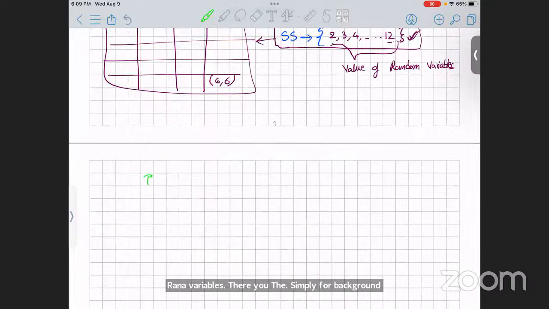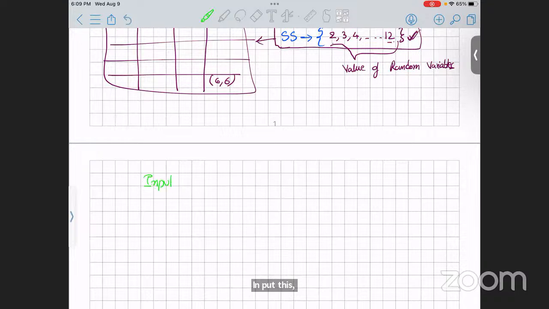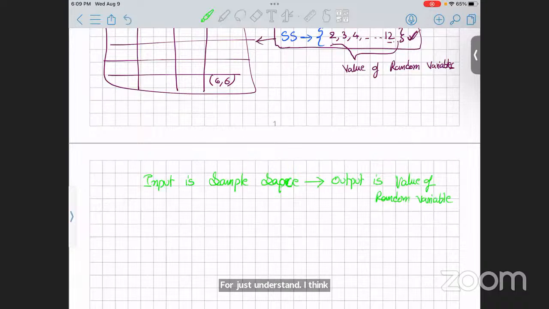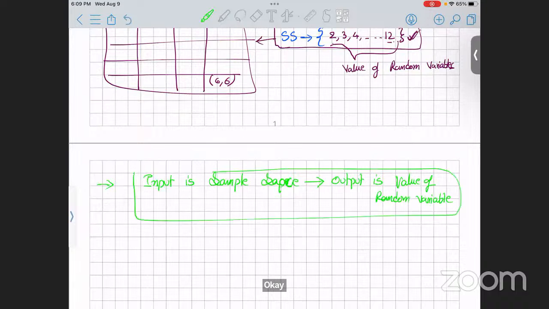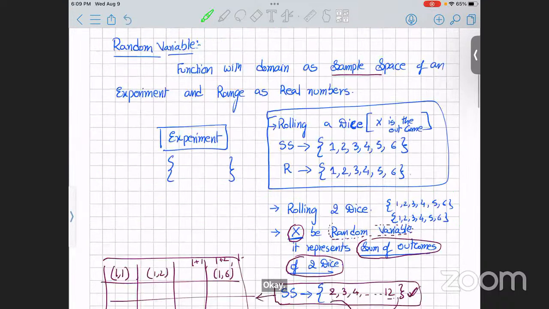Input is the sample space, but output is the value of the random variable. This is just for understanding. Clear, everyone?